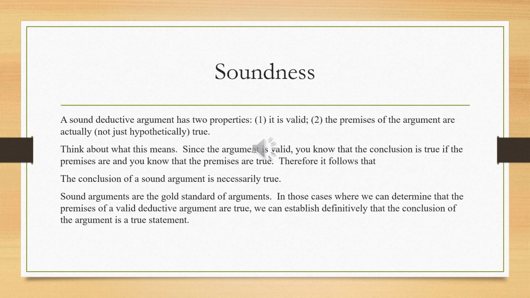The idea of soundness is very simple. A sound deductive argument is, first of all, valid with one additional property. It's a valid argument and the premises are actually true. They are facts. They are not merely hypothetically or assumed to be true.